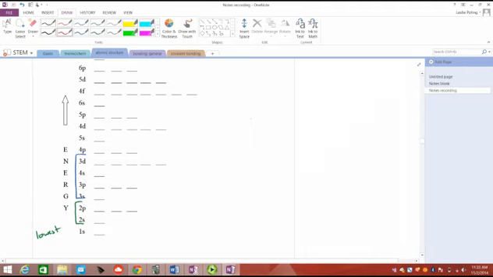So let's do oxygen. Okay, we are going to place all 8 electrons. And we are going to use the Aufbau principle. Start at the lowest energy level.